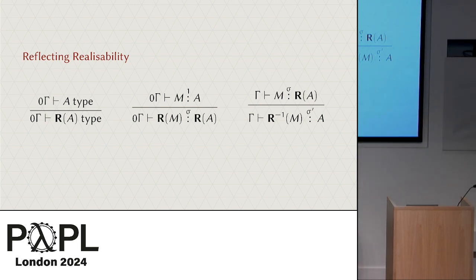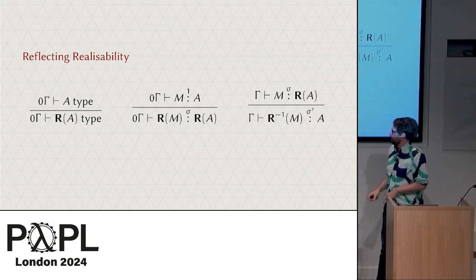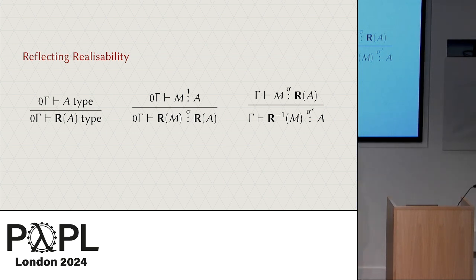So this R A says all the values of A which are realisable within the linear, sigma equals 1 fragment. So in particular, if A is nat to nat, then R A is going to be the type of all terms which are polynomial time functions from nat to nat.